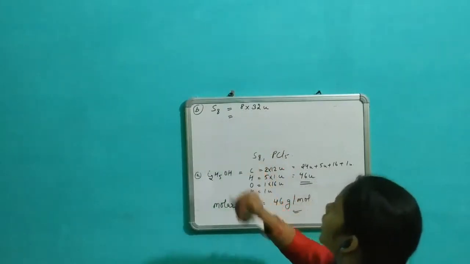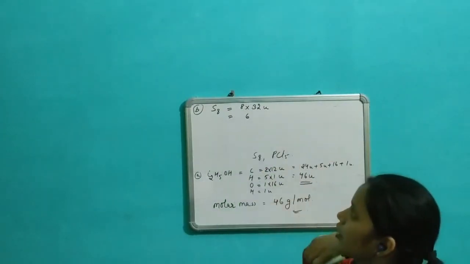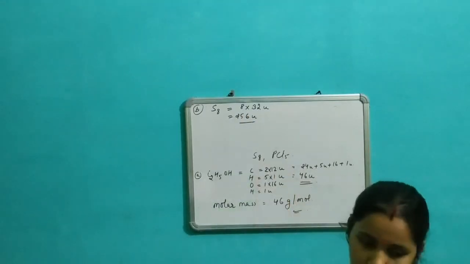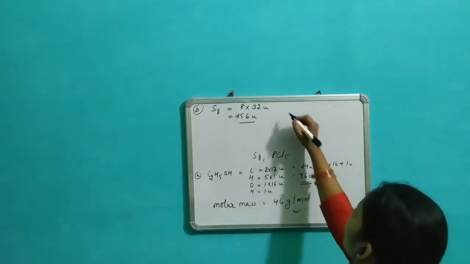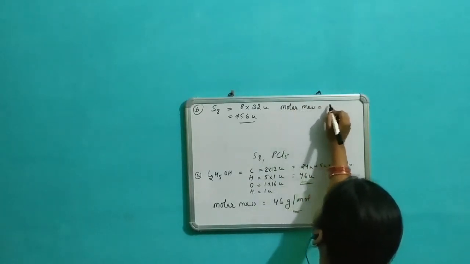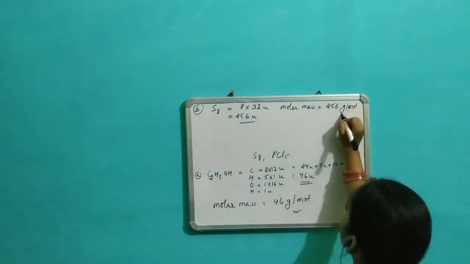That is equal to 32 into 8, what is it? 256 unit. And then the molar mass will be equal to 256 gram per mole.